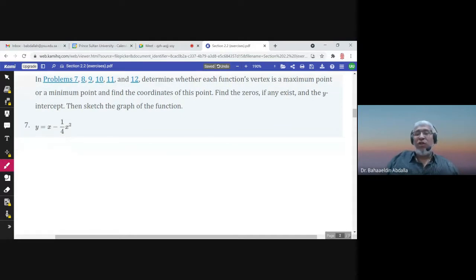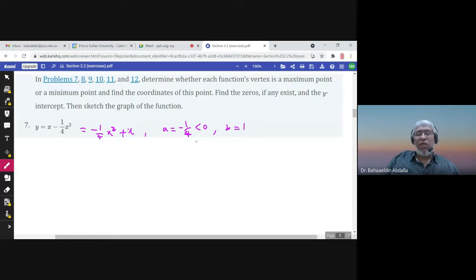Determine whether each function's vertex is a maximum point or a minimum point, and find the coordinates of this point. Well, let me write it. -1 over 4x squared first, and then plus x. So a is -1 over 4, and that's less than 0, and b is 1.